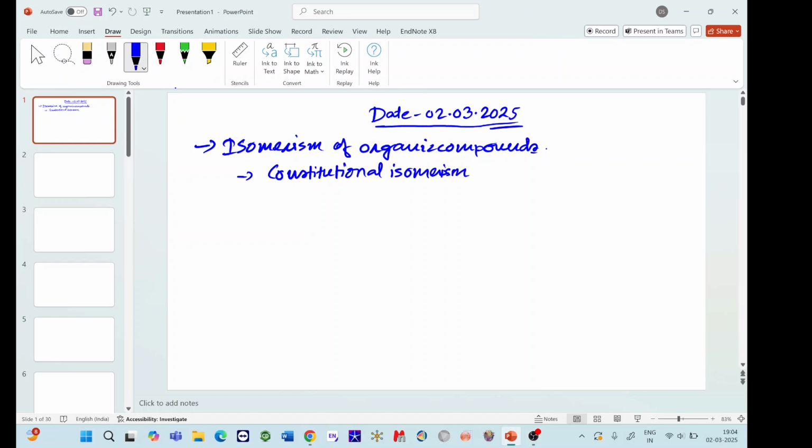Like, with a similar molecular formula you can have different types of compounds, like you have this butane, or you can have this branched compound. So this is straight chain and this is branched. These are called the constitutional isomers.